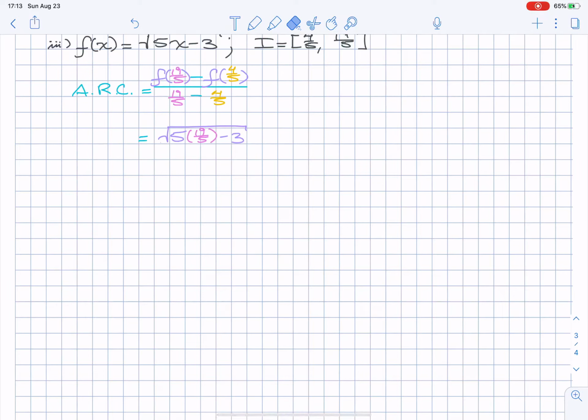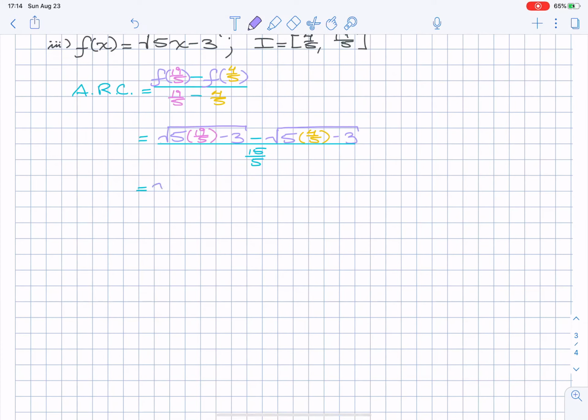Okay, let me make this a bit better. So now I'm going to subtract the next radical, which will be 5 times a, which is 4/5, from which I'm subtracting 3 underneath that radical. And I'm dividing all of this by 19 minus 4 is 15/5. I'll simplify that in a moment.